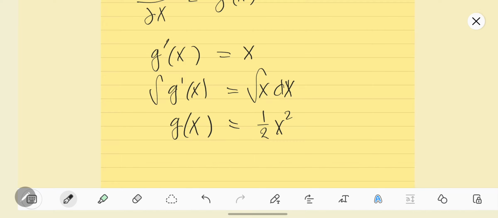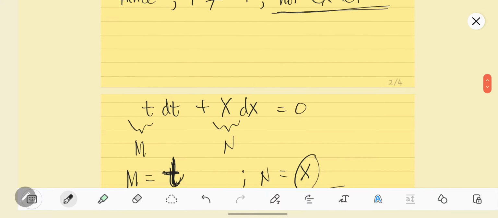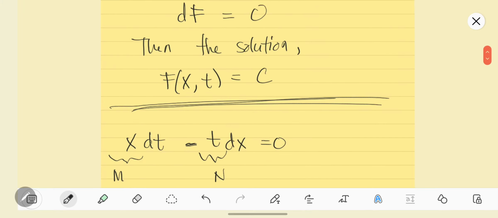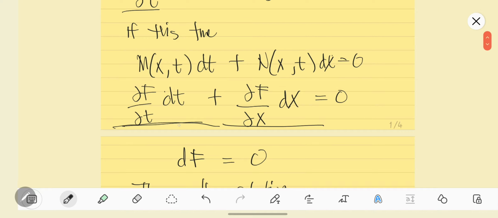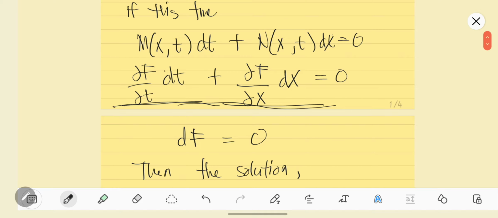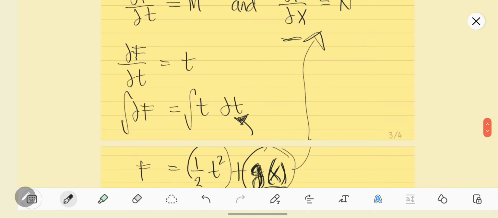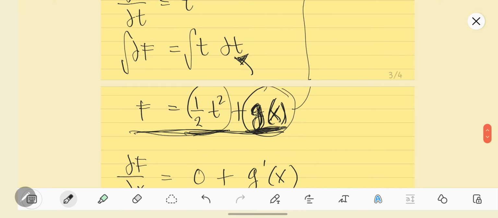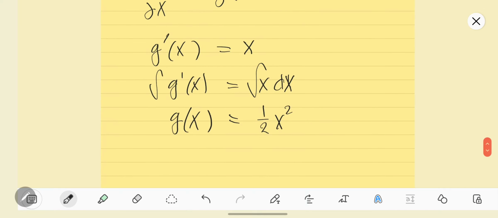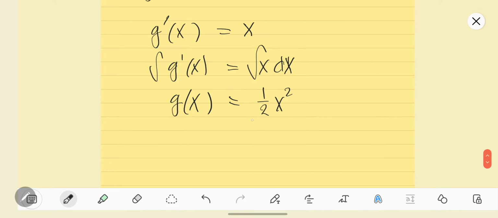Now we know that our solution must be this: the partial derivative of f with respect to t, plus the partial derivative of f with respect to x, is equal to 0. So we have this partial derivative of f with respect to t, and the partial derivative of f with respect to x, which is this.